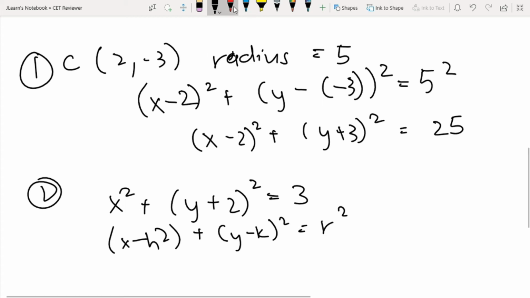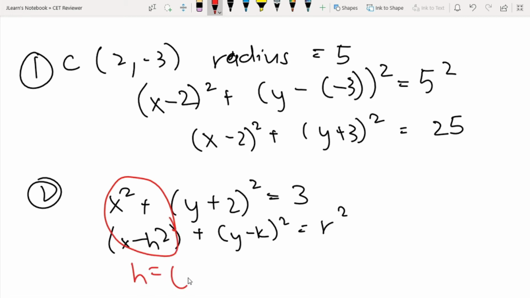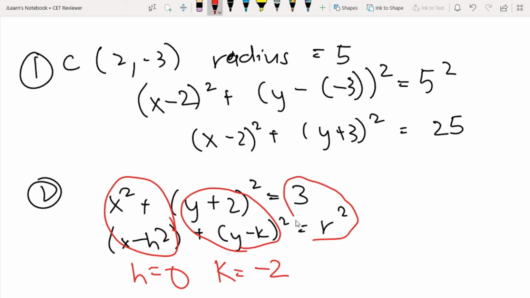So, tignan mo lang yung corresponding na variables. No? Ito, walang h, so meaning h is equal to 0. Ito naman, y plus 2 ay y minus k, so meaning k is equal to negative 2. Tama? Ito naman, r squared is equal to 3, so meaning r is equal to square root of 3. No? So, ganun lang kadali.